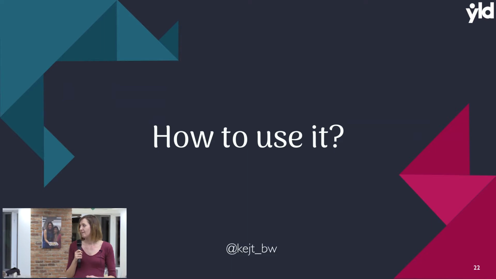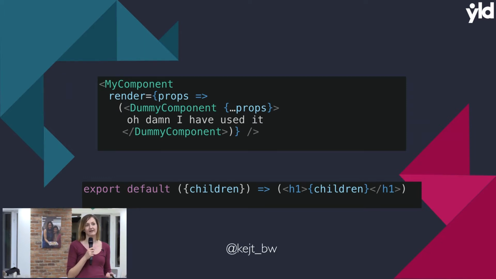But another question is, of course, how to use the render prop component. It's pretty easy. Maybe it can look odd, and the first question you can have is, inline functions? Someone wrote on Twitter that inline functions are bad. Why do you use inline functions?